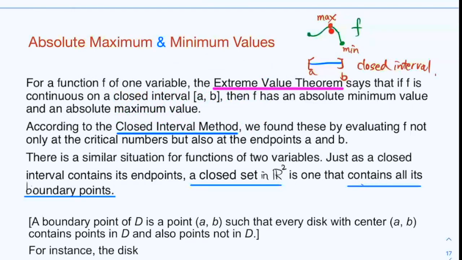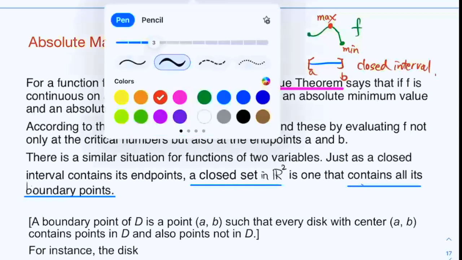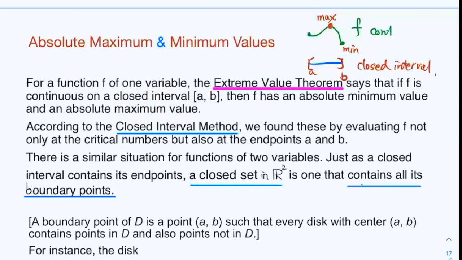So the maximum and minimum are guaranteed if we have a continuous function on a closed interval. That was the extreme value theorem. The maximum and minimum can occur inside the interval or sometimes at the endpoint. It could happen that way.